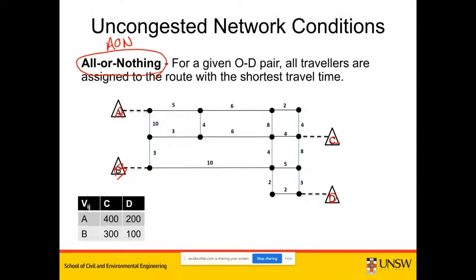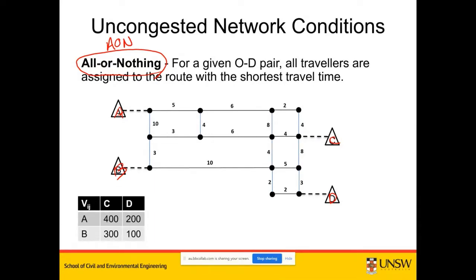So it's all or nothing, meaning that you assign all the trips for any OD pair to the only shortest path. You don't really distribute them. You just assign everyone to the shortest path for that specific OD.